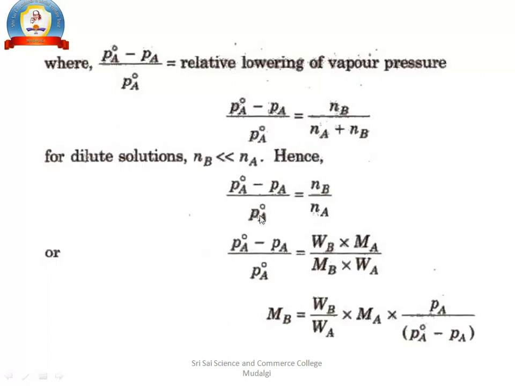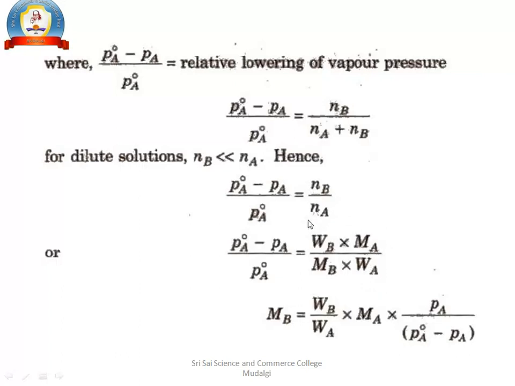Now simplify this. Now what is the number of moles of component B? We know the formula, right? Wb divided by Mb, that is the weight of component B divided by the molecular mass of B. Now the number of moles of component A is equal to Wa divided by Ma, so Ma goes to the numerator.